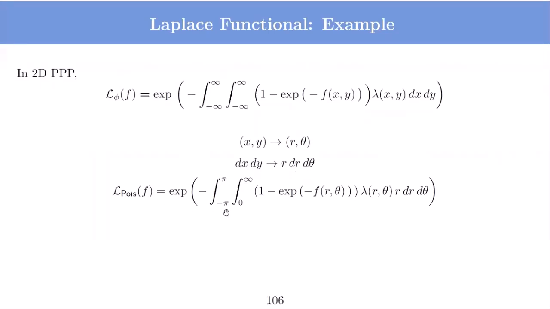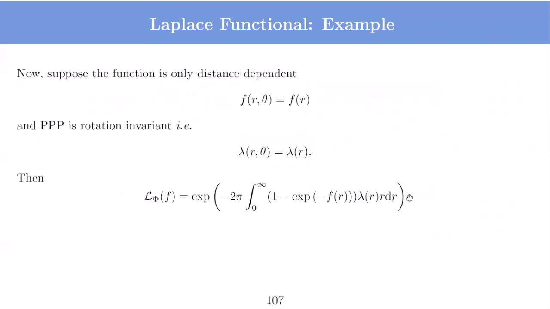So this will become the integration from minus pi to pi, 0 to infinity, of 1 minus the exponential of the function, defined in terms of r and theta. And then the density will also be defined in terms of r and theta, and this then will be multiplied by r dr d theta. And suppose the function is only distance dependent, it does not depend on angle, then I can write the function as f(r) only.